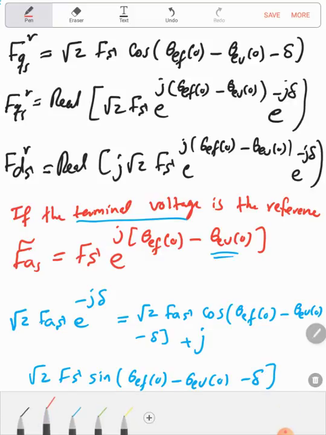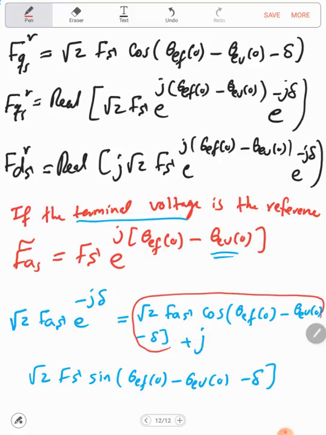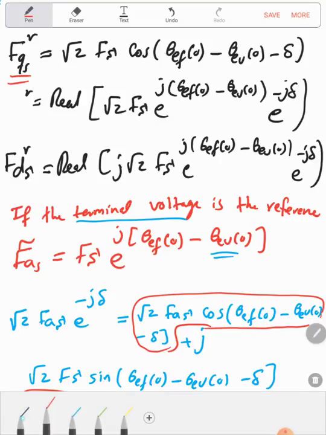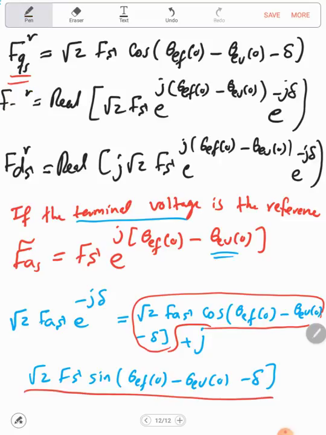So simply this term here is the FQSR, and this term here is the minus FDS, sorry, this would be the FDS.